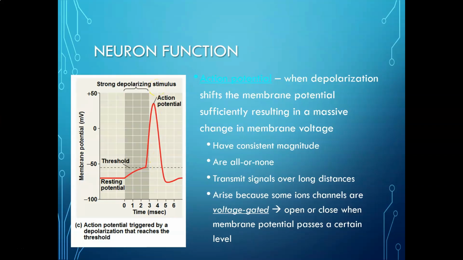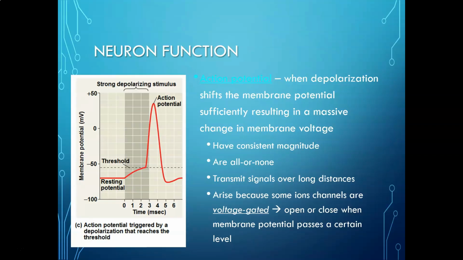So it's an all or nothing event. Either I make it to that threshold, in which case I hit this depolarization and come back down, or if I never quite get to that threshold, then this action potential never gets sent. So long as I hit here, this happens. It doesn't matter what's coming in. I just need to make it past that threshold point. So it's all or nothing, and it's consistent every single time.